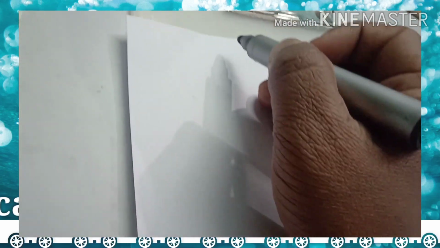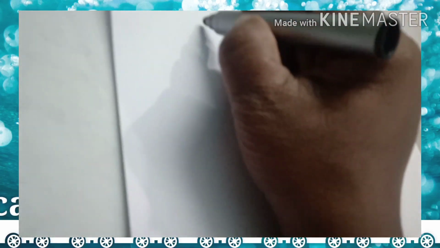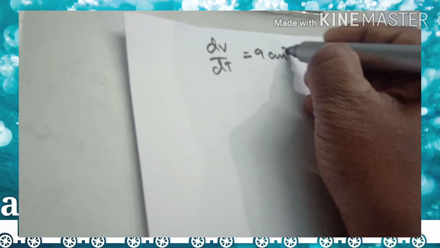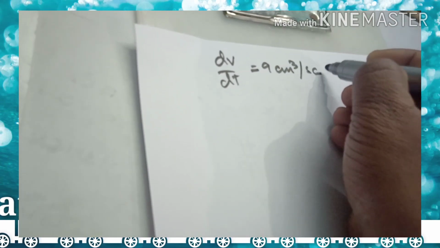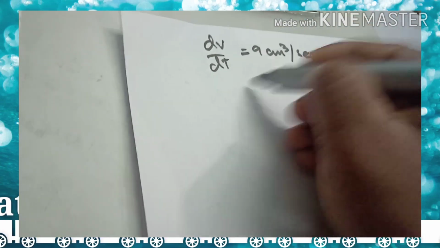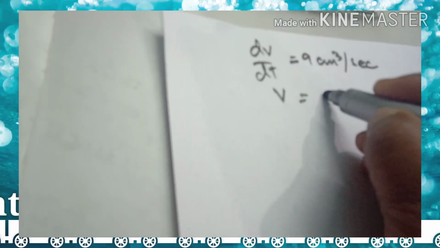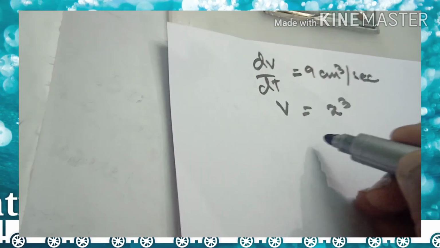So in this question it is given that dV by dt is 9 centimeter cube per second. That is change in volume with respect to time. We know volume is given by side cube.